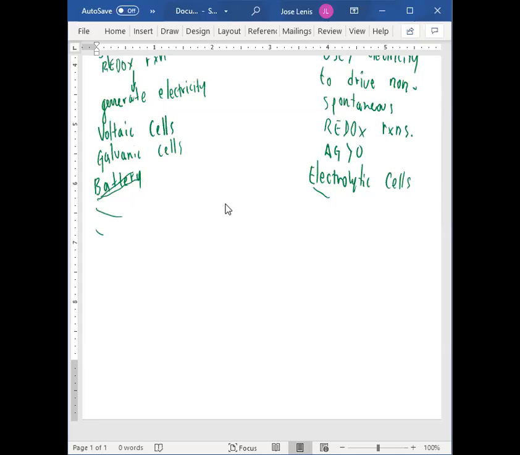So we have flow of electrons to a wire. And since we have a charged electrical particle, any charged electrical particle generates an electrical field, which is a force, and also generates a magnetic field, which is another force.